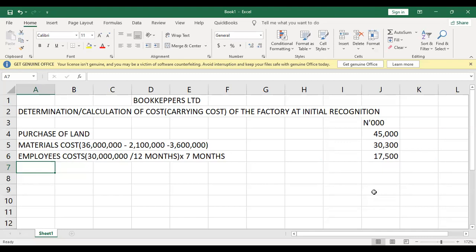Since it was incurred, I'm thinking it's going to be added to 36 million. So why is it now deducted from the 36 million as well as the 2.1? Because 2.1, I'm sure that it's okay to be deducted, but 3.6 million, I can't understand why it was deducted too.